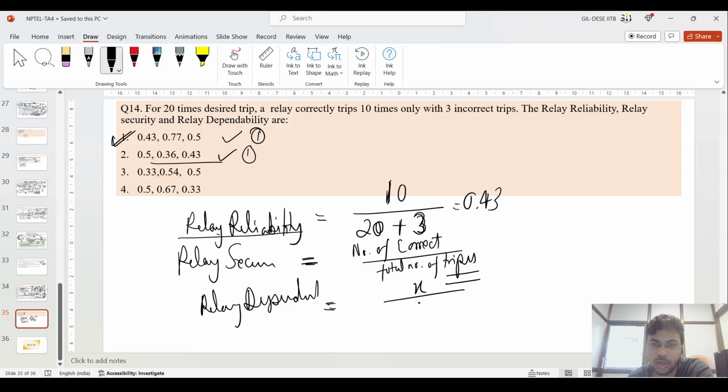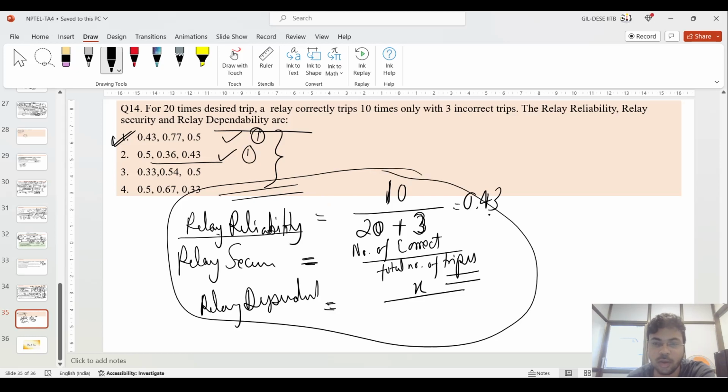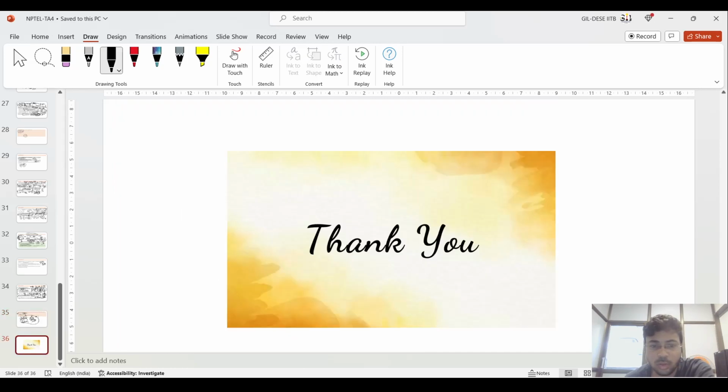I think this is the correct formula. And dependability is such that the number of correct trips is divided by the total number of trips plus the incorrect ones. This is the relay dependability. I am also currently not remembering this formula itself. You can see the correct formula from this booklet, and option A is correct.